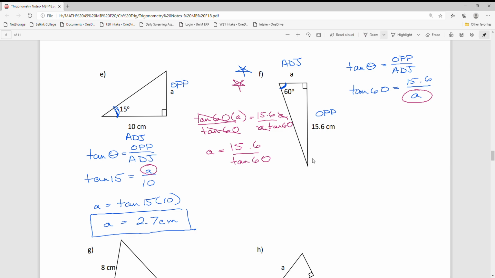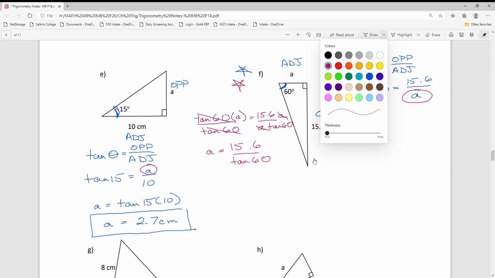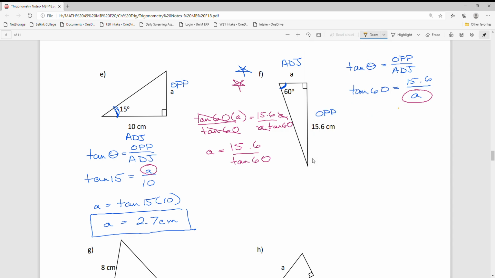I tend to give students a bit of a shortcut in this and advise you that in these ones, what you can think about is swap and divide, because that's where you're going to end up. You can take a look over here. That's what's happened. We've swapped and divided.